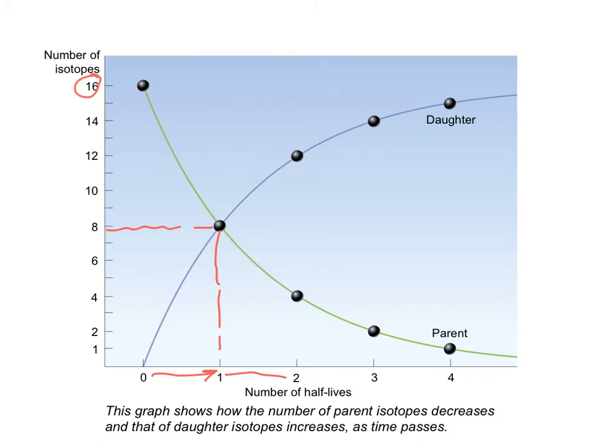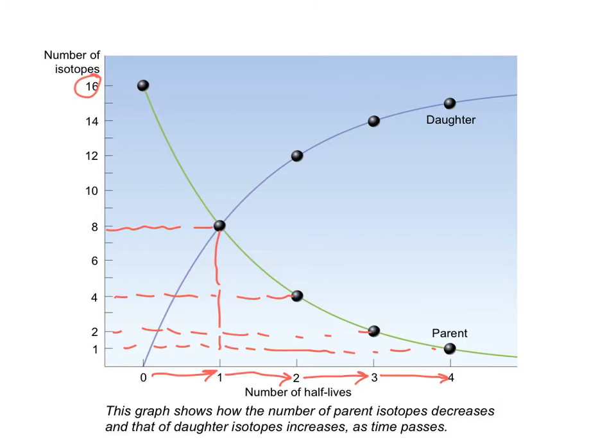After the passage of 2 half-lives, we cut that 8 in half, and now we are at 4 parent isotopes. After the passage of 3 half-lives, we are now at 2 parent isotopes. After the passage of 4, we are now at 1. And of course, after the passage of 5, we would be at 1/2, etc.